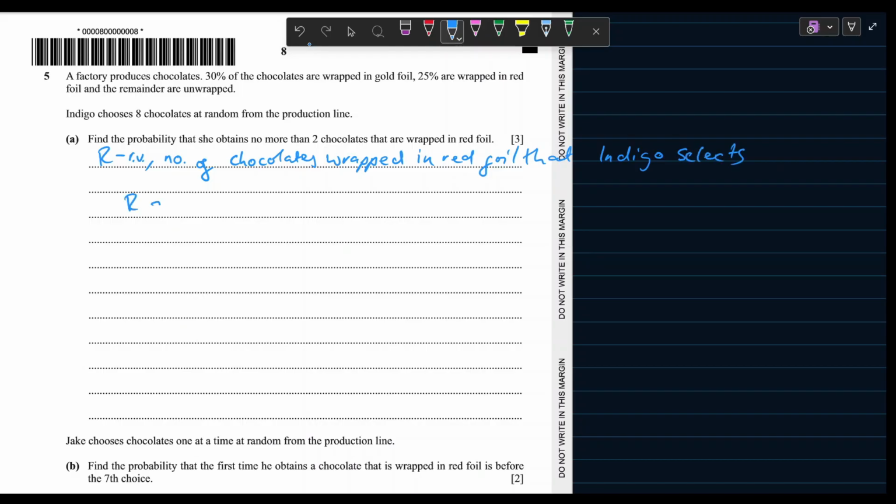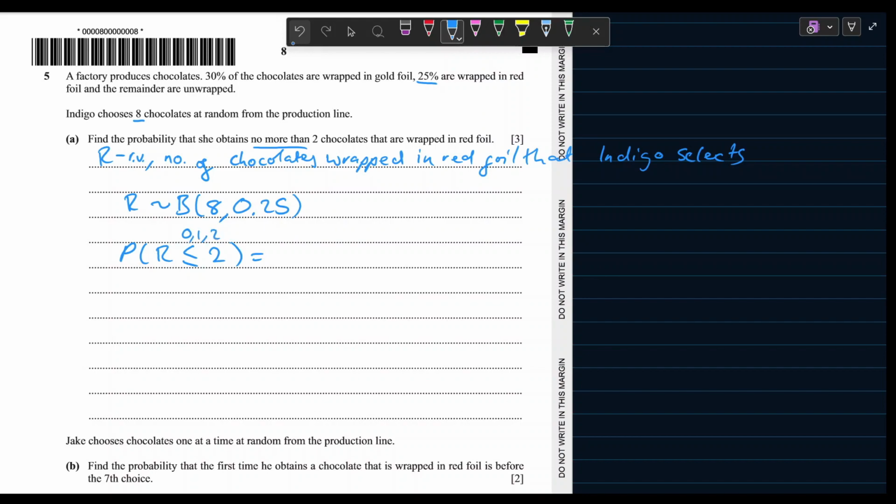So R follows a binomial distribution. She selects 8 chocolates, and her probability of picking one wrapped in red foil is 25%, so 0.25. And we want the probability that no more than, so less than or equal to 2. Okay, so this means we're looking at 0, 1, and 2.